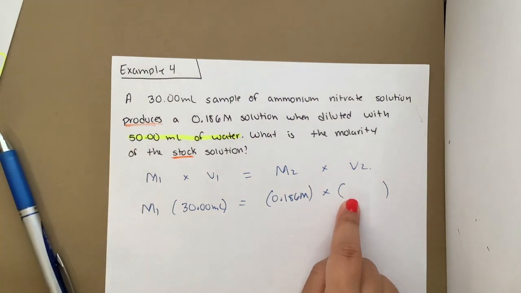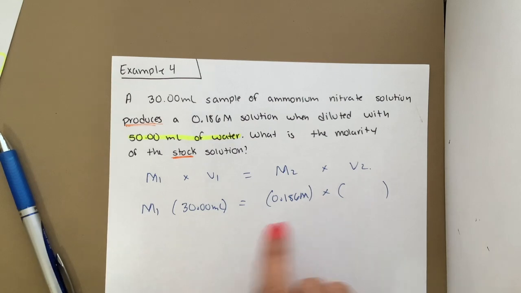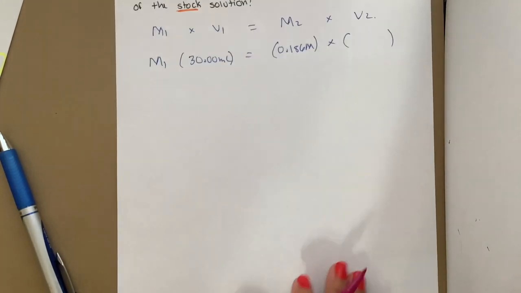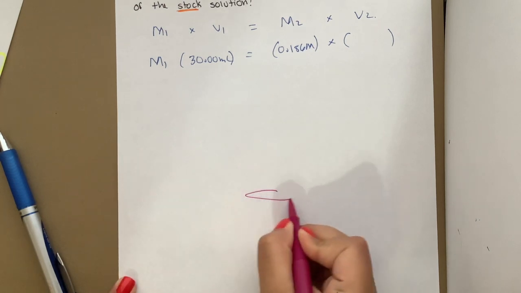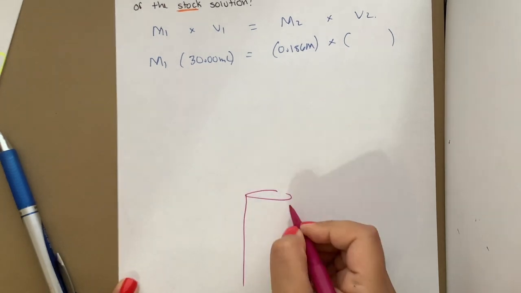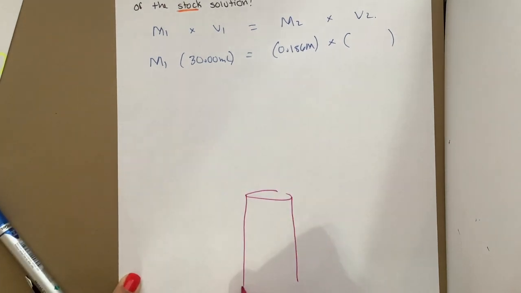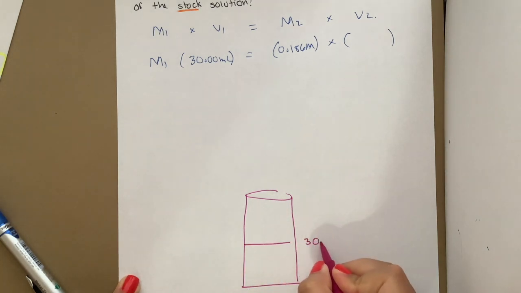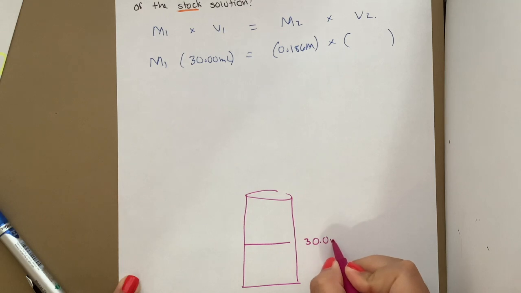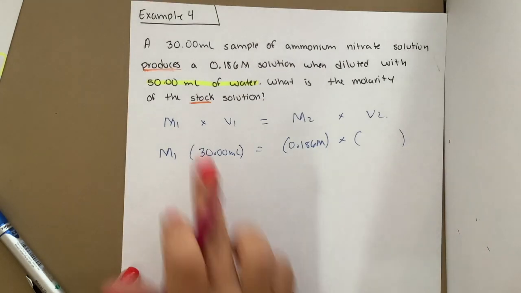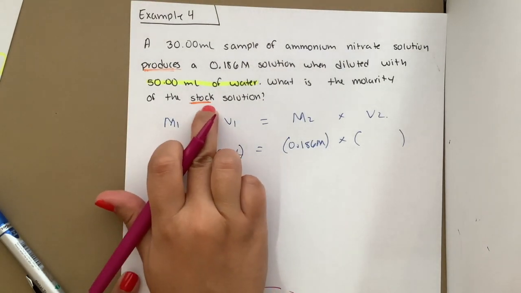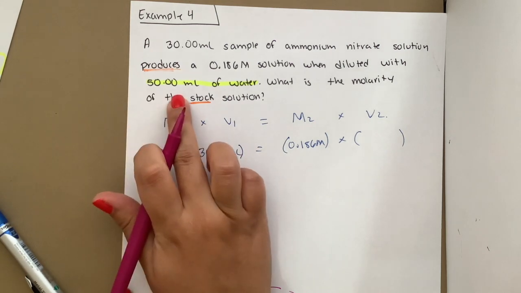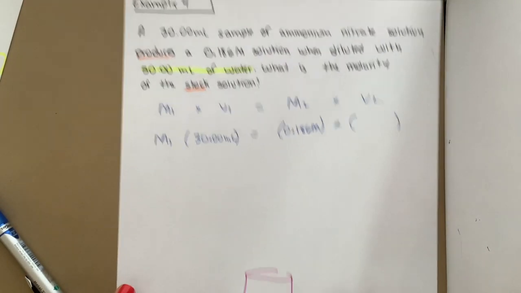So to find our final volume in this specific problem, let me draw a little picture here. We have a cup, or graduated cylinder, and we have 300 milliliters of our stock solution that we do not know its concentration. We're going to add 50 milliliters of water.